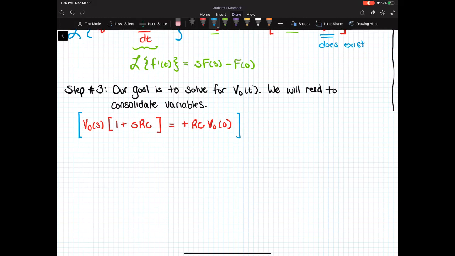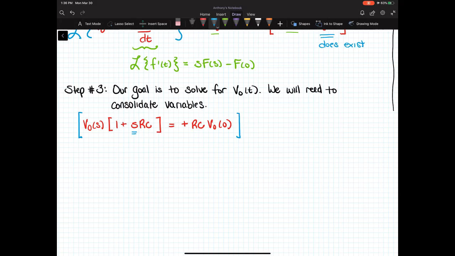Well, first let's take a look. Normally in these types of problems we want to have S isolated, because the vast majority of the forms or the elements in the Laplace transform table have S without a coefficient.